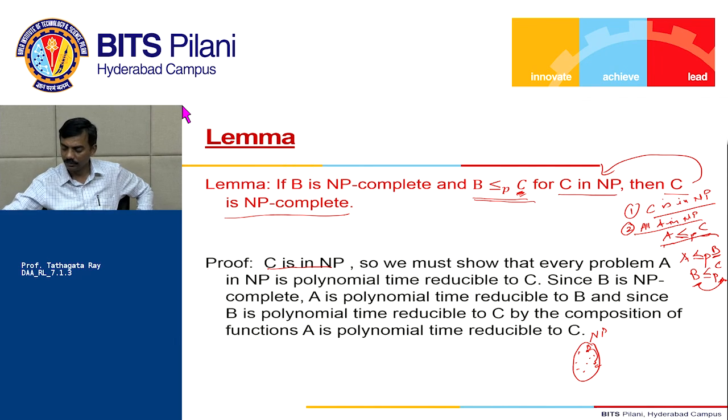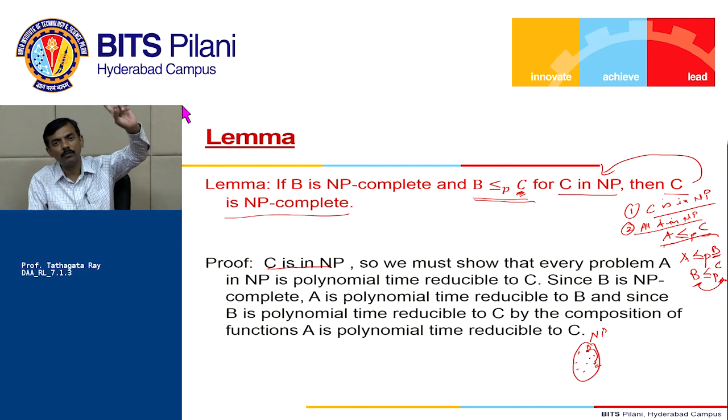Now this lemma tells us something very important. It tells us that I can prove any new problem as NP complete by simply reducing it from a known problem B, which is NP complete. So I have to know at least one problem which is NP complete.